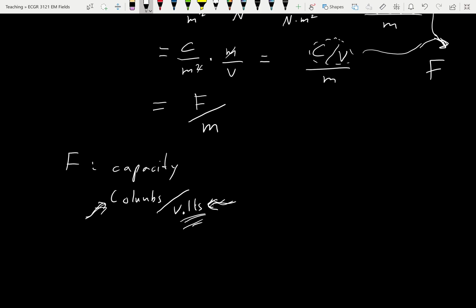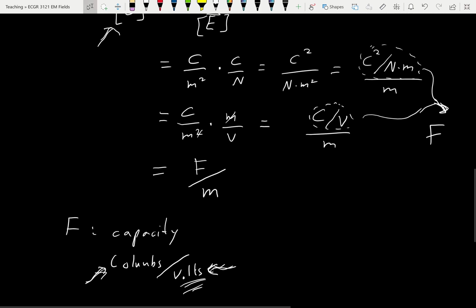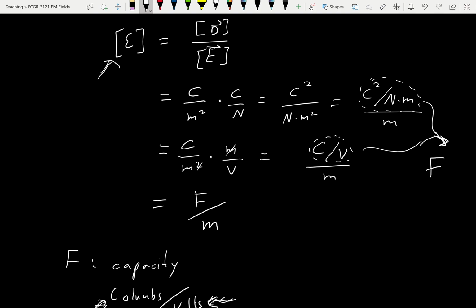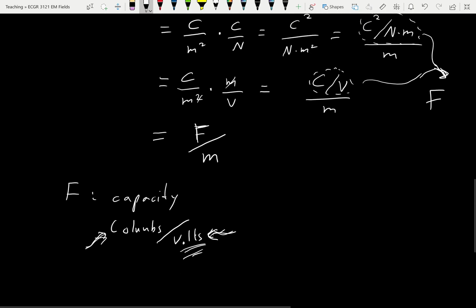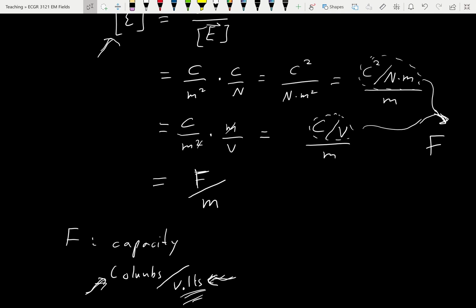If I have less capacity for the same electric field strength, I get less charge. So it makes sense to think of C over V as capacity: how much polarization charge I get per volts, where volts represents electric field strength. So this is the origin of the farad as a unit, and epsilon has units of farad per meter. This is the concept of capacitance per meter.